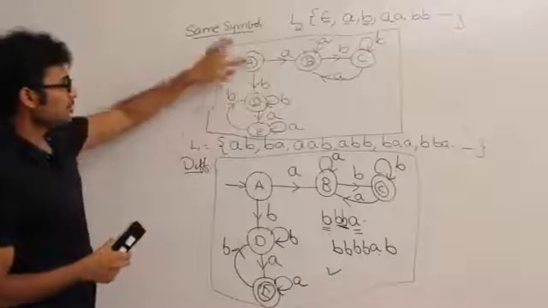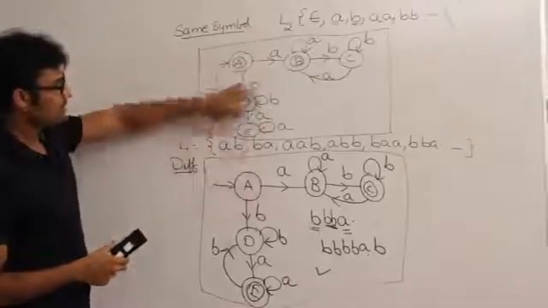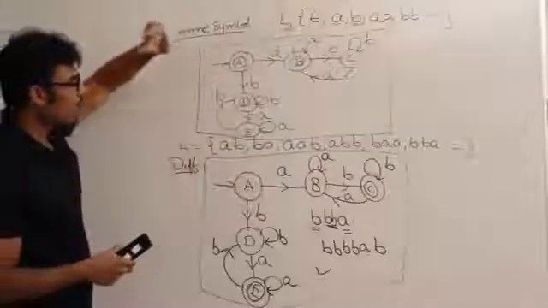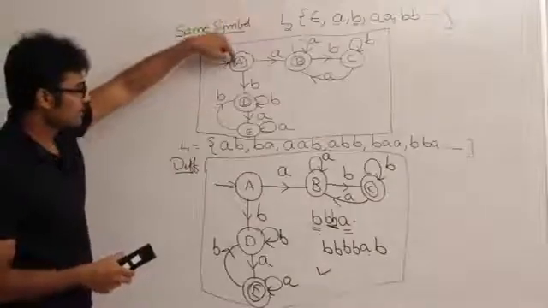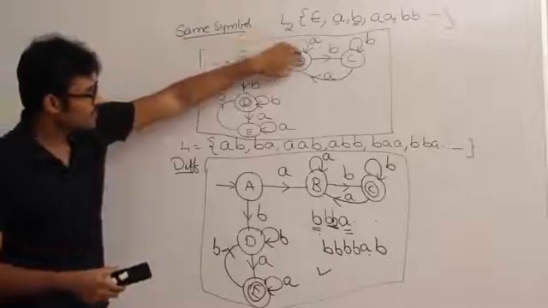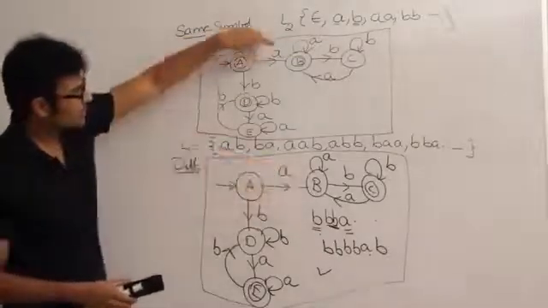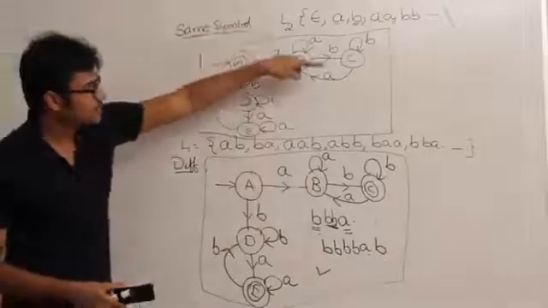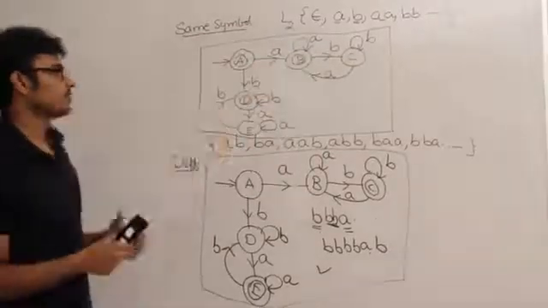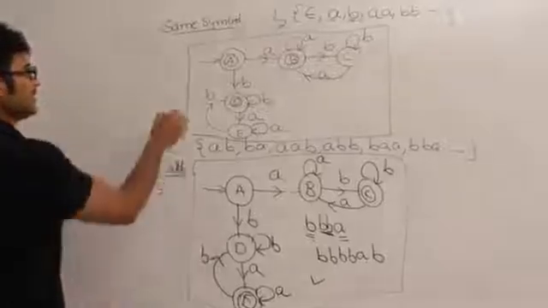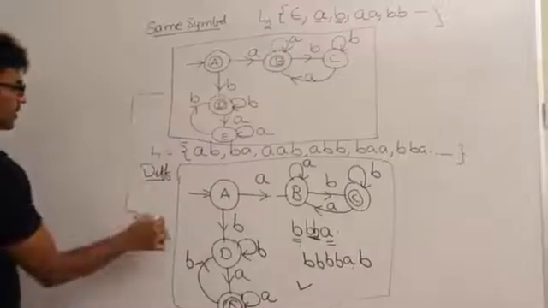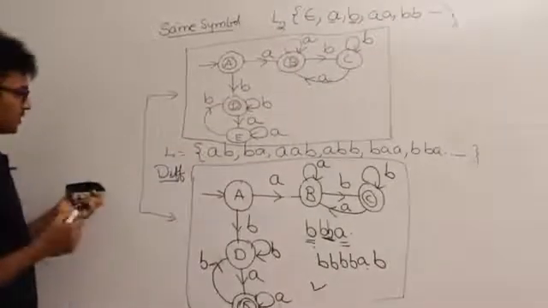If you see this, both are having exactly the same transitions, same number of states. The only change is the initial state, here the non-accepting states or accepting states, and here the accepting states or non-accepting states. And such kinds of DFAs are called complements of each other.